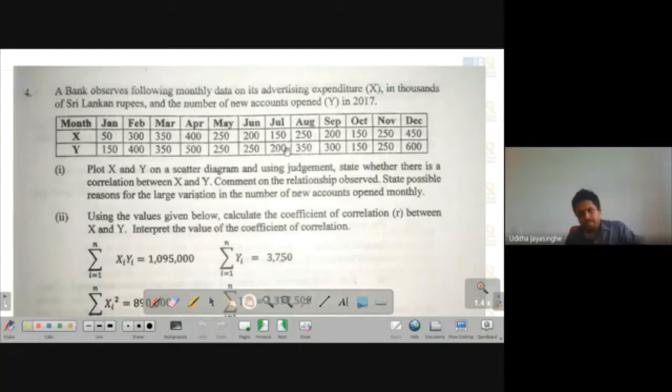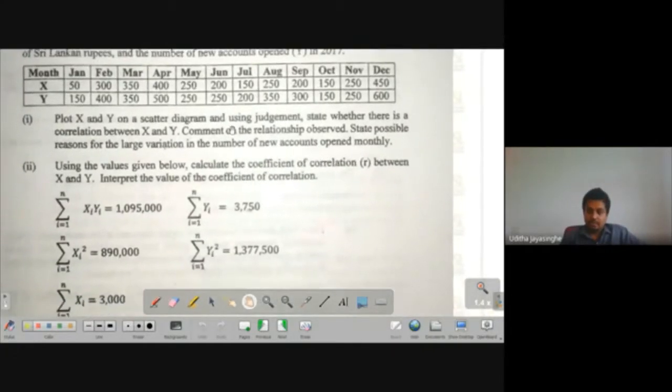But you may not see a perfect verdict here. First part, plot X and Y on a scatter diagram and, using judgment, just eyeball it, and state whether there is a correlation between X and Y. Comment on the relationship observed. State possible reasons for the large variations in the number of new accounts opened monthly.